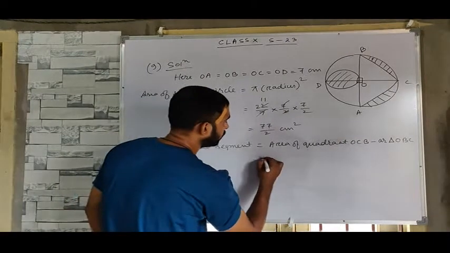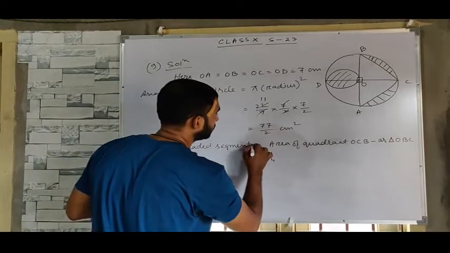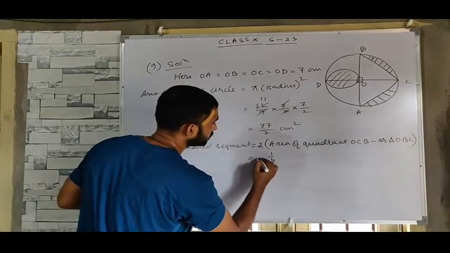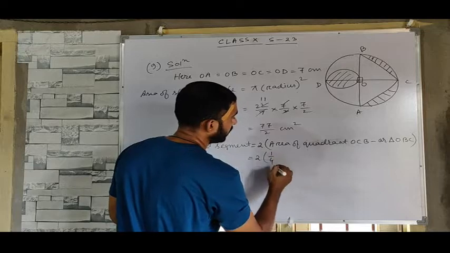Area of quadrant is 1 by 4 pi r square. There are two shaded segments, so it will multiply by 2. So 2 into 1 by 4 pi r square.